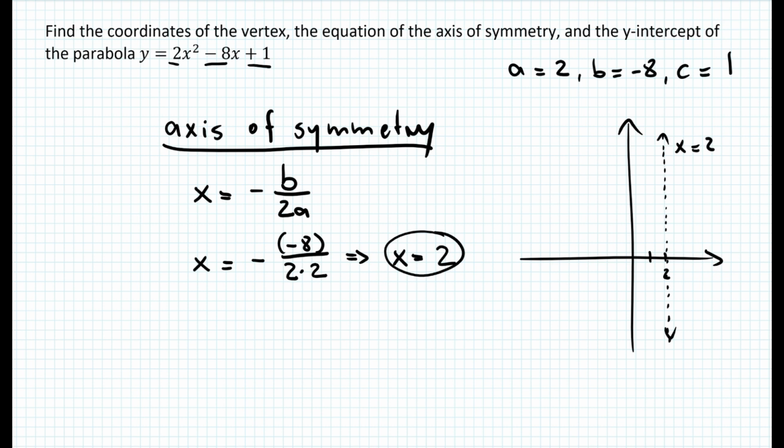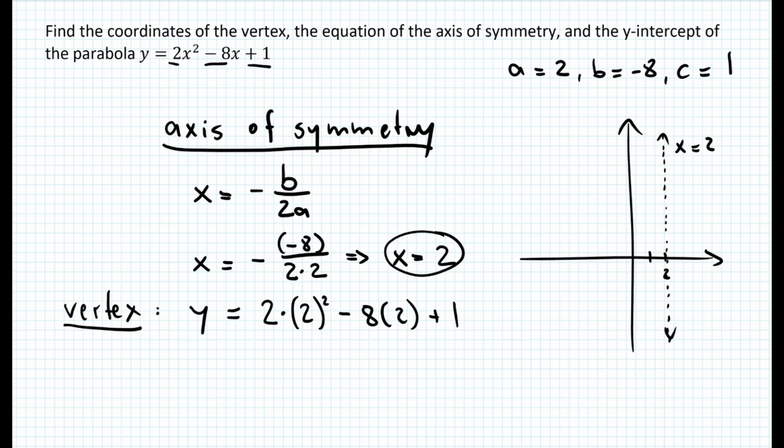When you think about this, the vertex also goes through x equal to 2. So that means that if you want to find the vertex, instead of completing the square, you can also substitute x equal to 2 into the original equation as shown. y is equal to 2 times 2 squared minus 8 times 2 plus 1, okay?